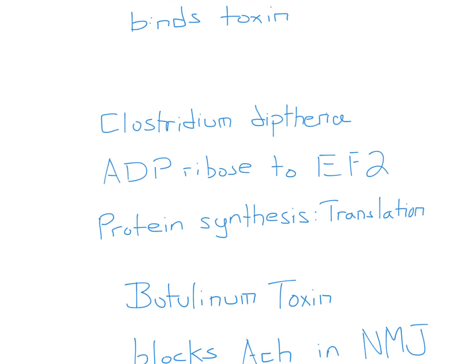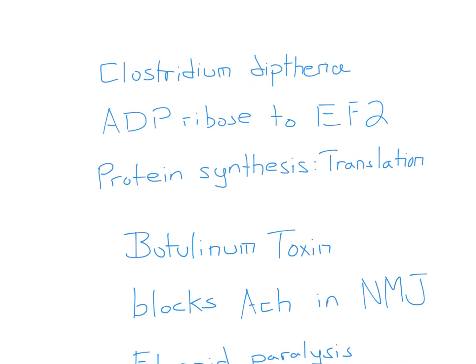But then just going over the other answer choices, we have Clostridium diphtheria. And so for this one, we have ADP ribose being added to EF2, which is elongation factor 2. So essentially what this bacteria does is release a toxin that inhibits protein synthesis, specifically translation, which EF2 has an important role in.